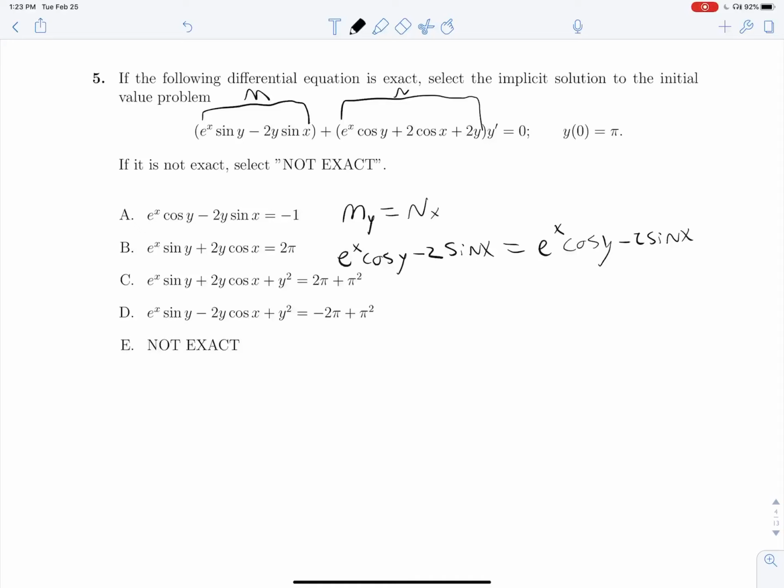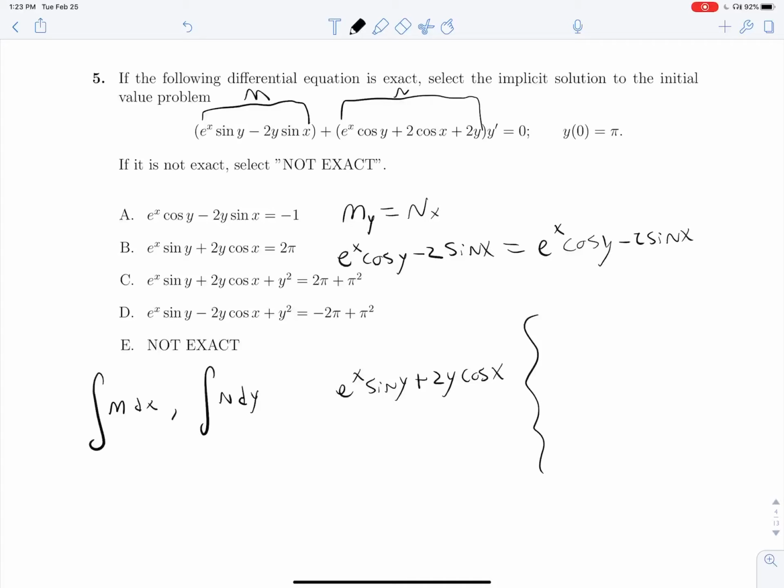So all we're going to have to do is compare the results when we integrate M dx and N dy. So the integral of M dx is going to give us e to the x sine y plus 2y cosine x.